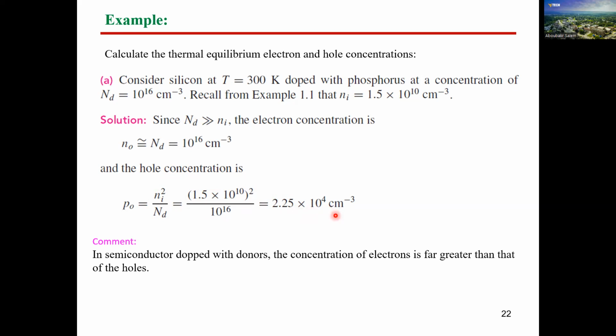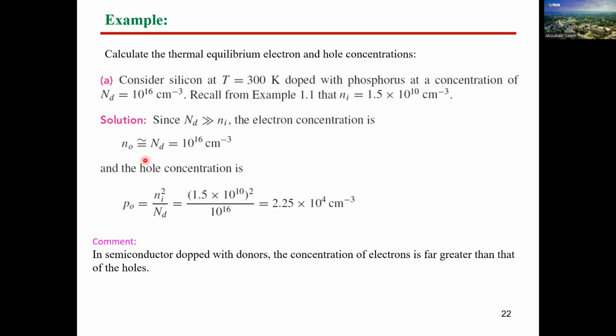So can you compare, guys, the numbers? The hole concentration in this material is 2.25 times 10 to the power 4. And as you can see, the electron concentration is much higher. It's 10 to the power 16. So the comment here in this example is that in the semiconductor doped with donors, the concentration of electrons is far larger than that of holes.